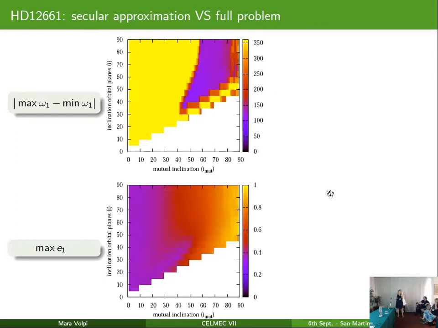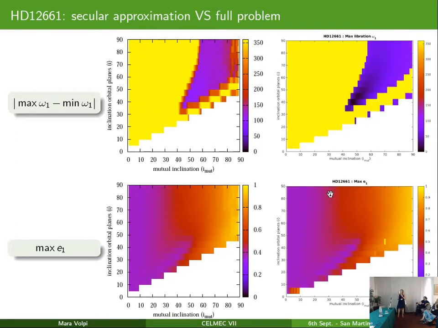Obviously, we wanted to have a real check of the results and their reliability, and therefore we compared our results with the results coming from the N-body simulation of the full problem provided by Arnaud Rosin of our team, and this is what we have found. So, as we have found the island of libration with the secular approximation, the same island of libration has been found with the N-body code.